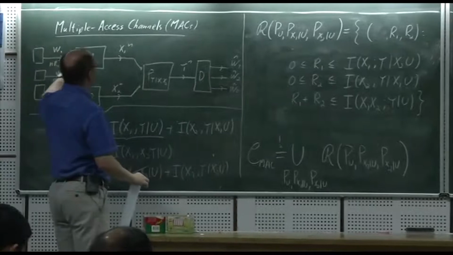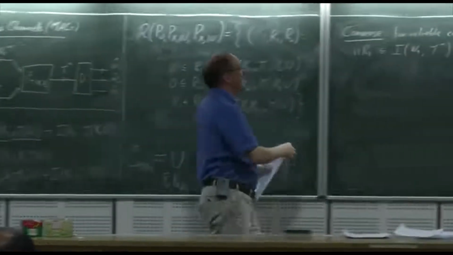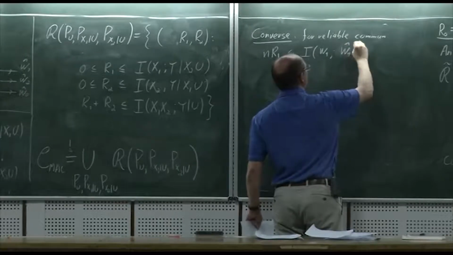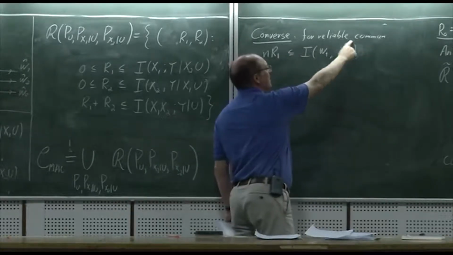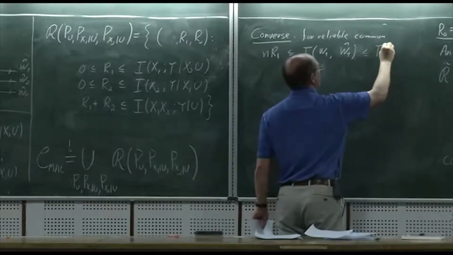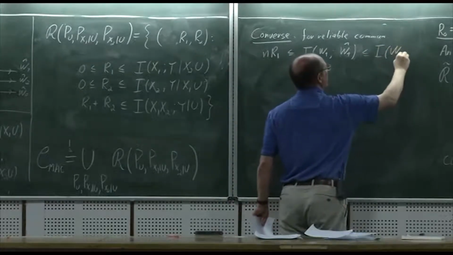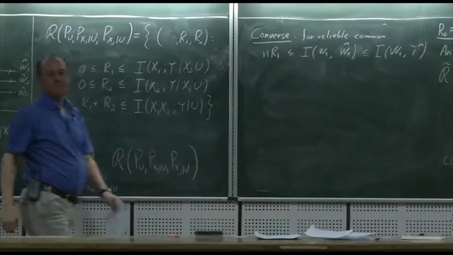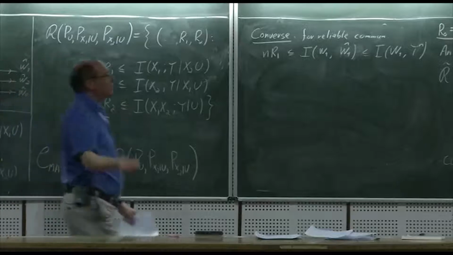I should write W1 and W1 hat, so maybe write that. So formally, this is true using Fano's inequality, and that word "reliable" means the error probability goes to 0, and of course by data processing this is less than the mutual information of W1 and Y^n. That has to be true, and now we just do the usual stuff.